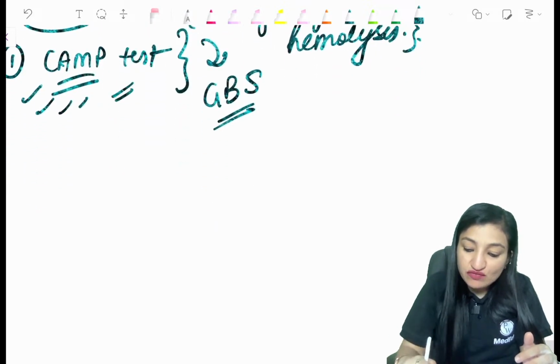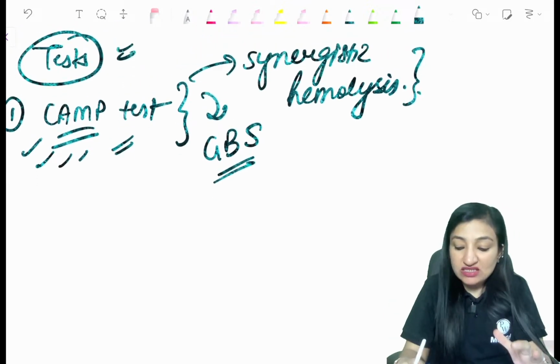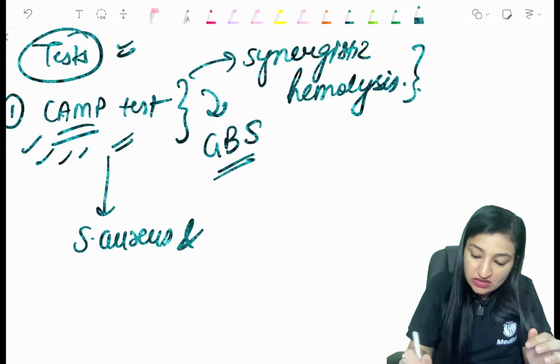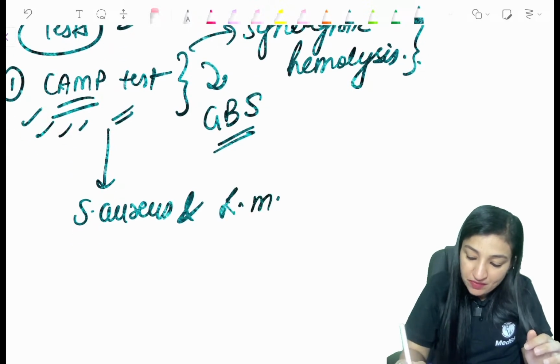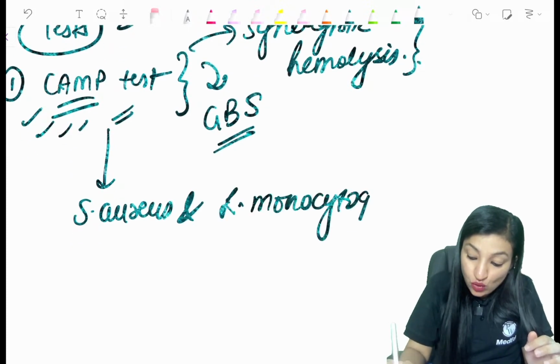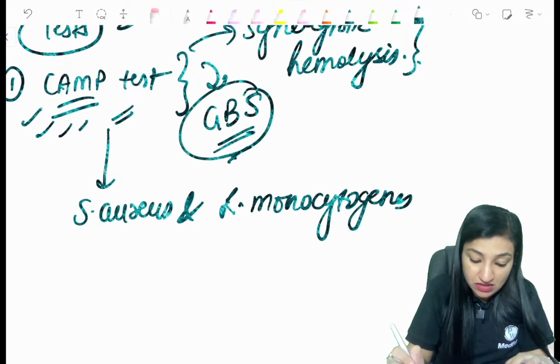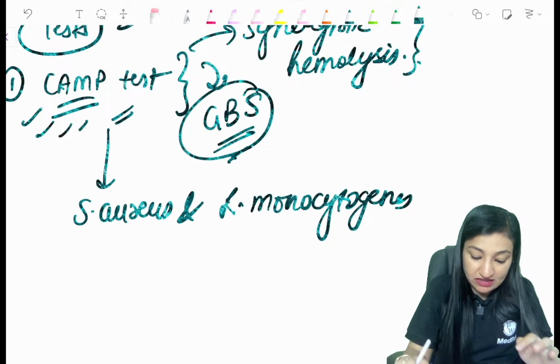So in CAMP test, we show the synergistic hemolysis by Staph aureus and Listeria monocytogenes. Originally, this was devised in the context of GBS by these people, Christie Atkins Munch Peterson.